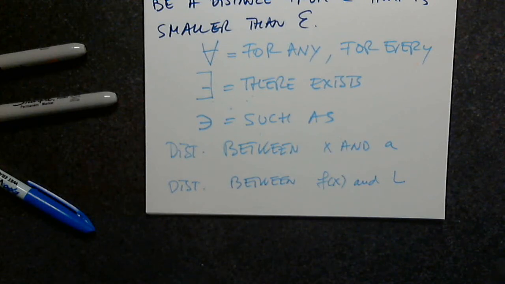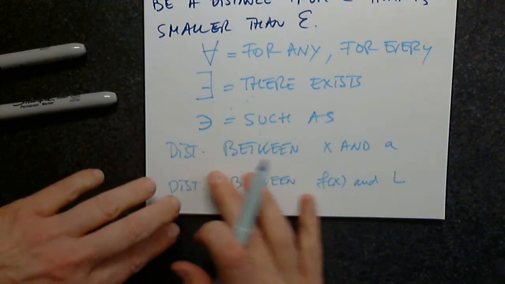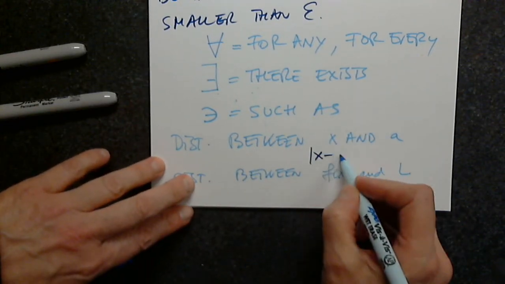Is there anything from your mathematical background that triggers the idea of distance? Distance one. True, but some symbol that represents the distance. Absolute value. That's the one that says distance, right? So then the distance between x and A is this.